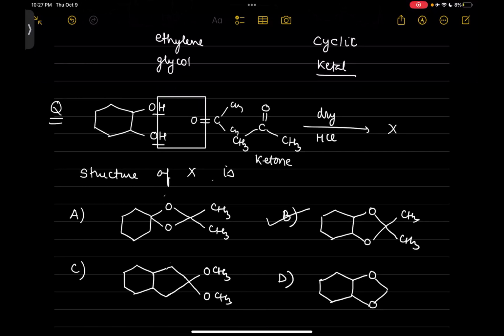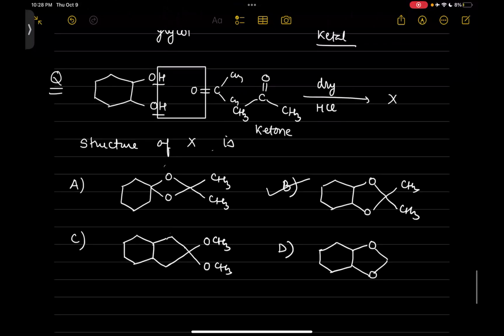Remove the water, H2O, and you will get your answer. And this double bond O will not remain a double bond O. You are going to make it like this. Okay, the carbon of the ketone will be connected to two oxygen groups. Got it? I hope this is clear, right?